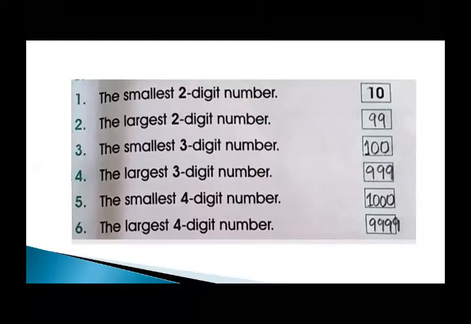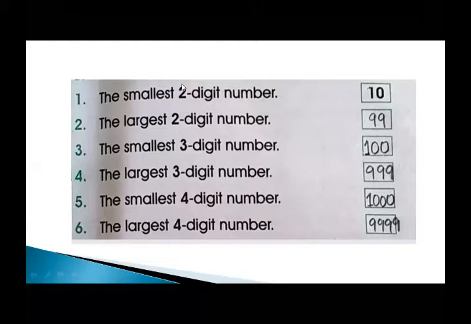This slide is taken from your book, page number 7, exercise B. First of all, you will understand this. The largest 1-digit number is 9. Here you see the smallest 2-digit number is 10. So what comes before 10? 9.